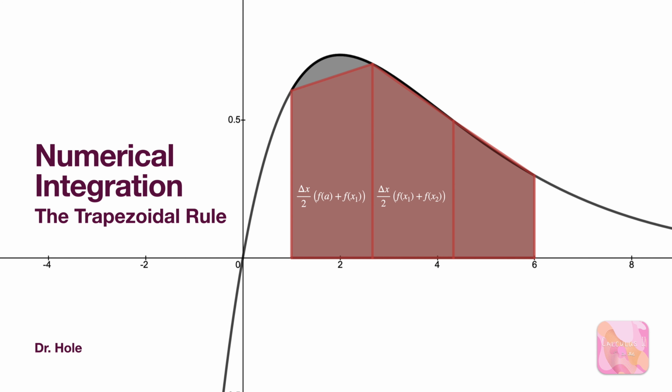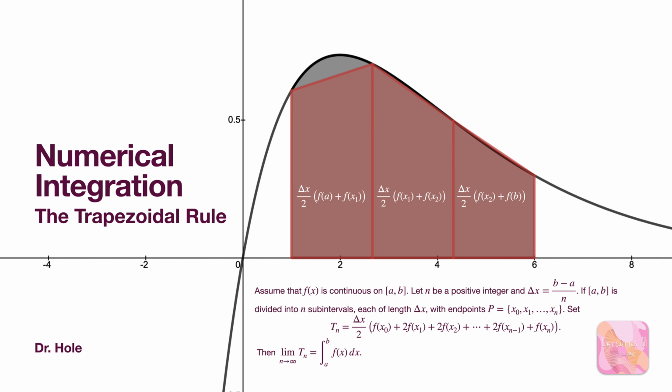And that pattern repeats in the third trapezoid, that we reuse this height, and then add in the very last height, f at b. So you want to see that all interior heights are used exactly twice, and the boundary heights at a and b are only used once.